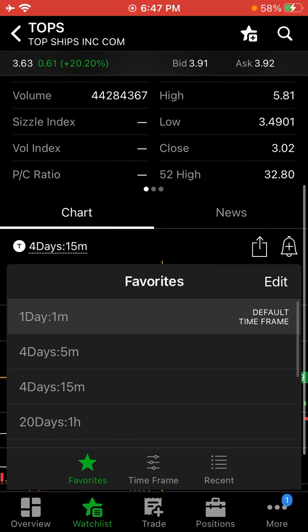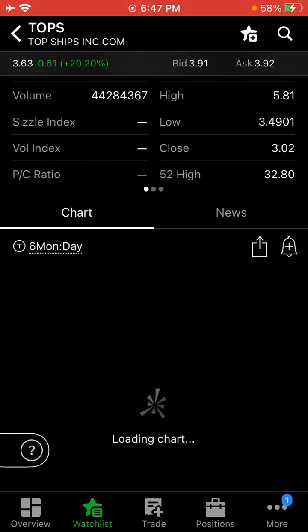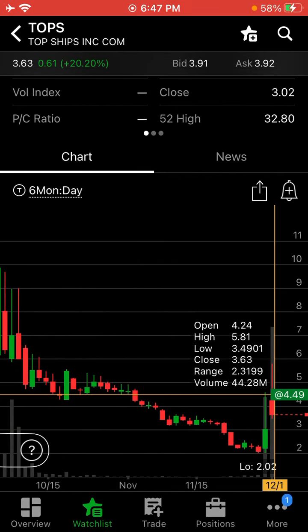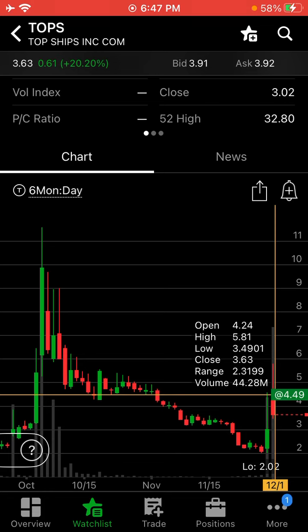I can use Tops as a reference. So the next time about $200 million goes into a micro cap stock, it's probably a sign that it's topping, that it's found its top.